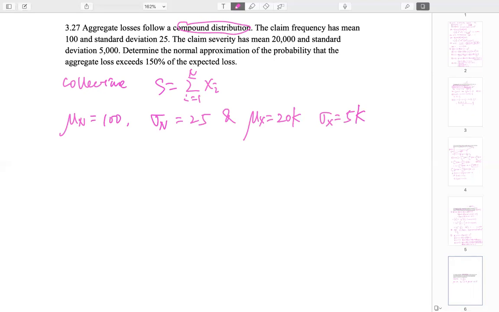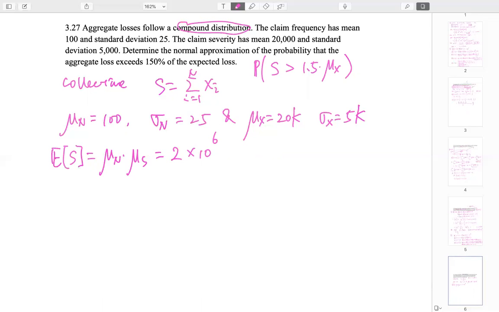We want to apply the normal approximation to calculate the probability that the aggregate loss exceeds 1.5 times the expectation of loss. Okay, so in order to apply normal approximation, we would like to know the expectation of S, which is simply mu N times mu S. We get this to be 2000K, so it's 2 times 10 to the 6.